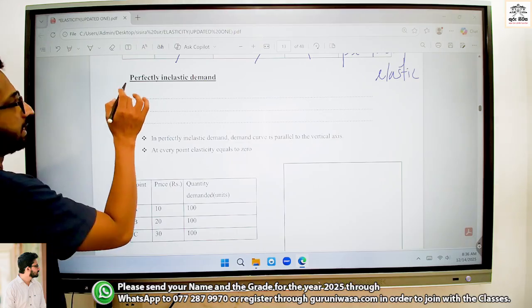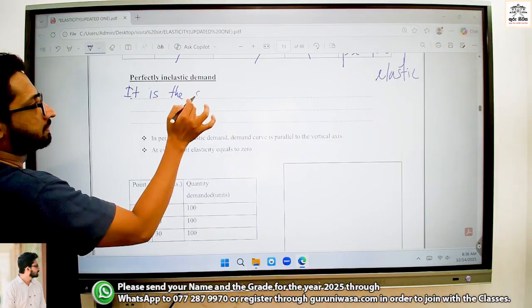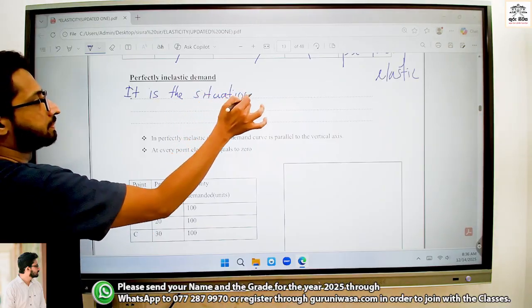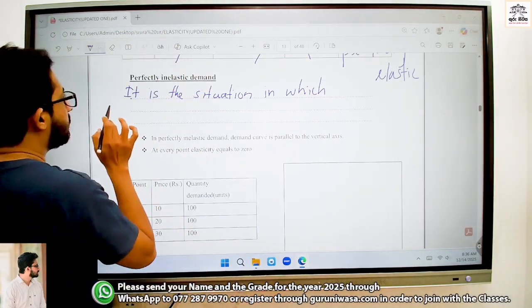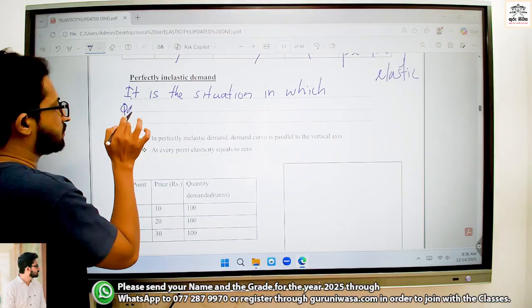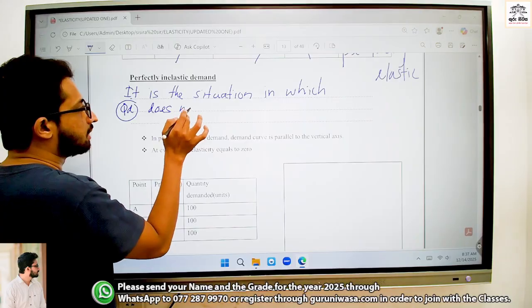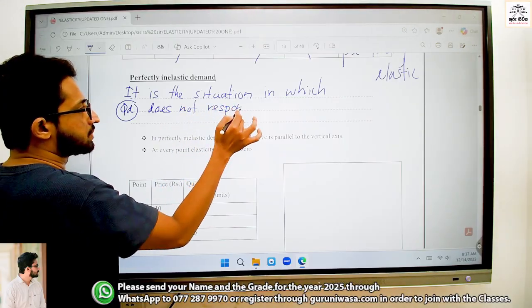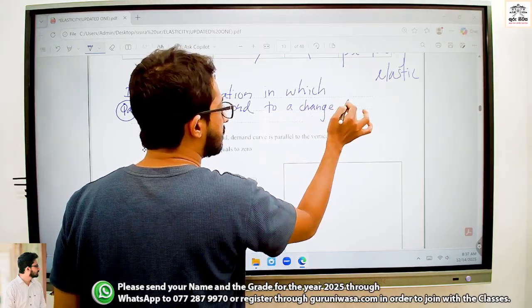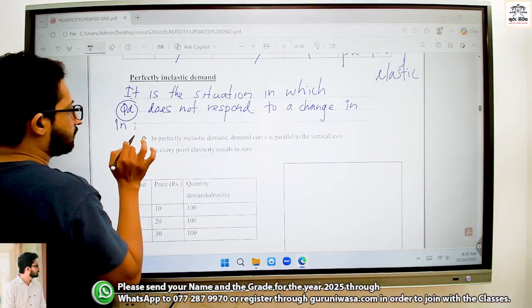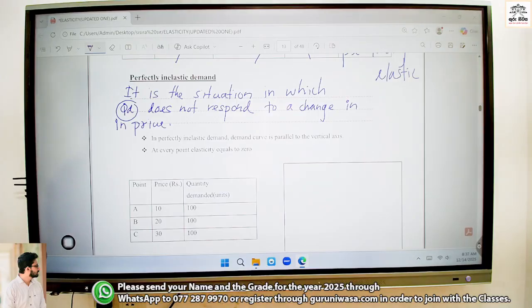Write down: it's a situation in which quantity demanded does not respond to a change in price. No responsiveness at all. Clear? Right.